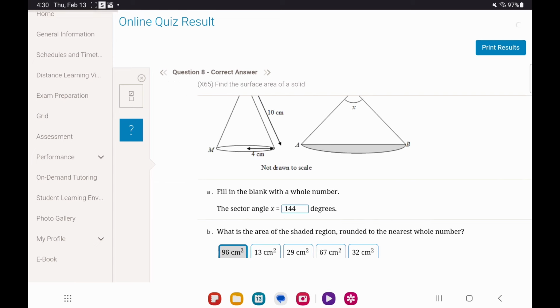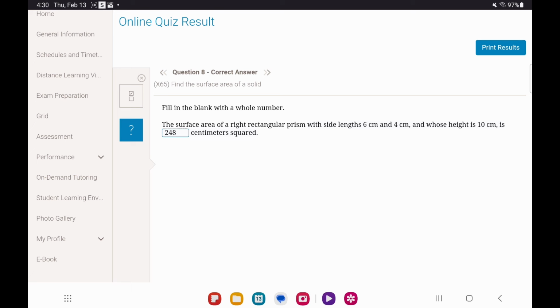Question number 8. In this question they're asking you to give them the surface area of a right rectangular prism. The equation for surface area is SA equals 2B plus LA. LA is lateral area, by the way, and B is base.